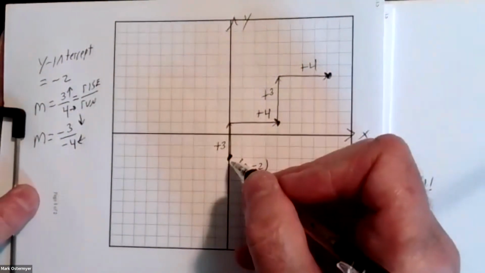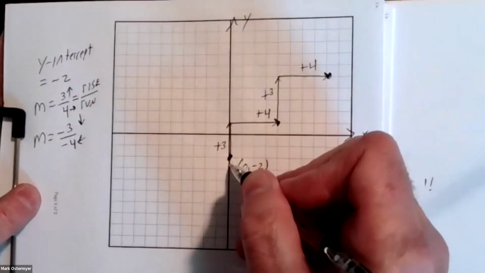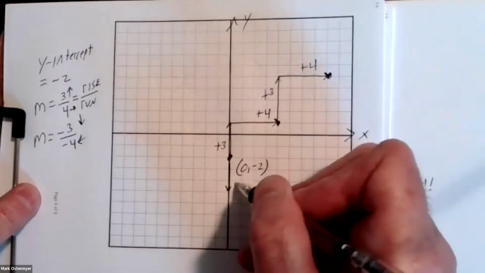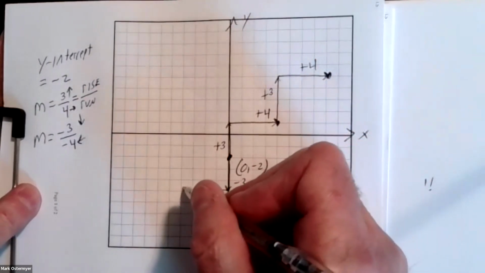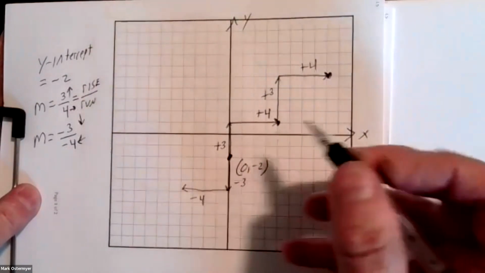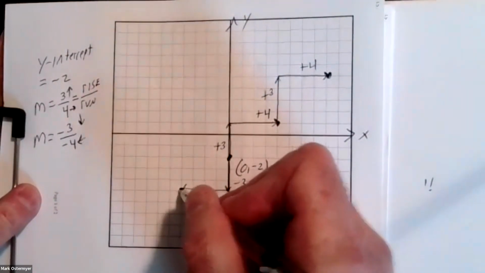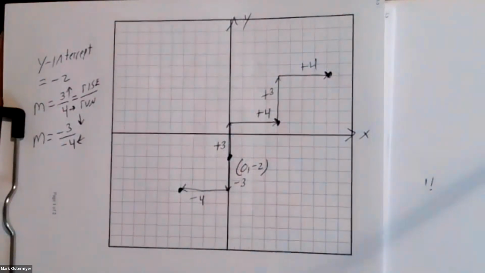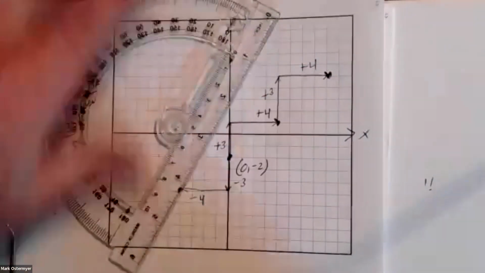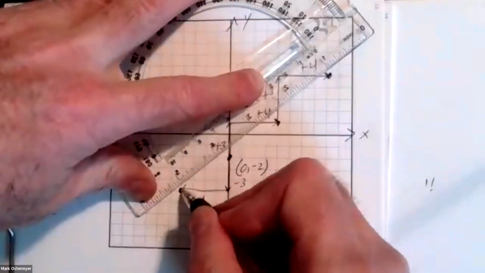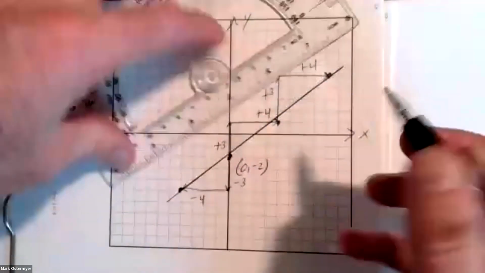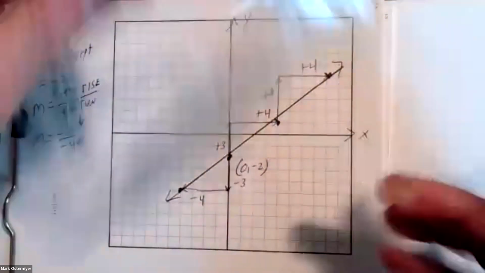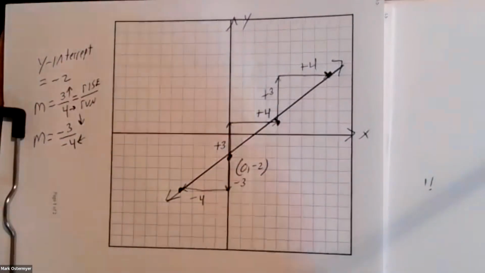So for my y-intercept, I go down 3 units, -1, -2, -3 for the rise, and then -1, -2, -3, -4 for the run. There should be another point on my line right there. Take a ruler and let's put a line through these points, and lo and behold, we have the graph of that equation.